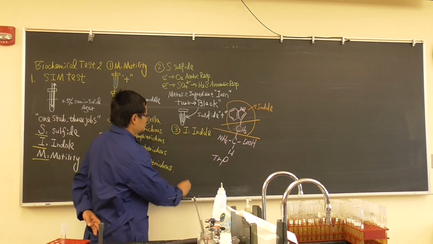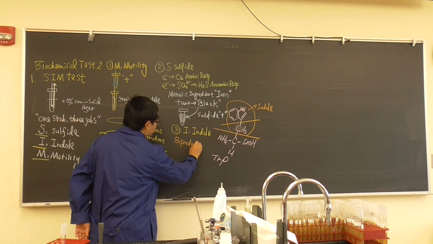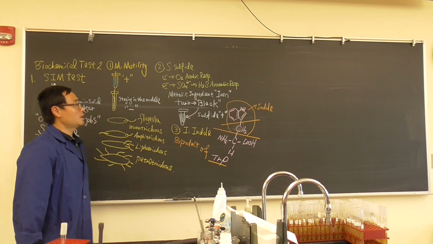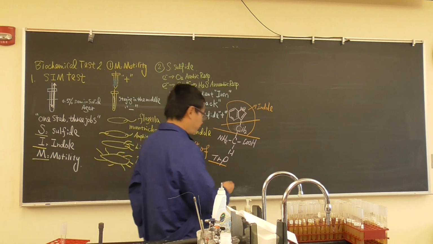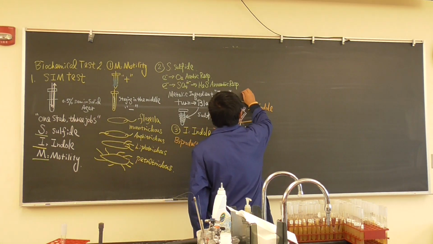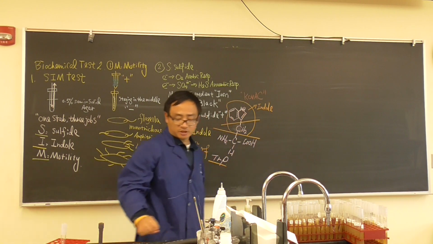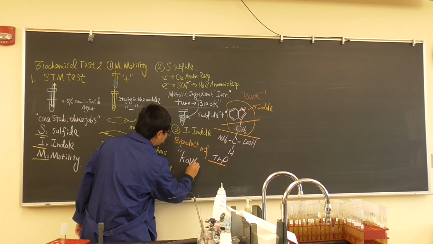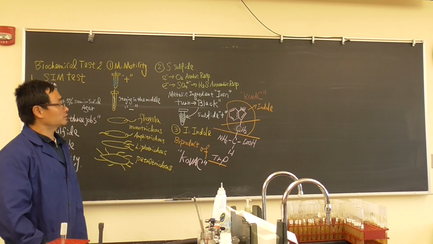So what is indole? A byproduct of tryptophan. Now, how do we know the bacteria generate indole? We need to add a very special reagent called Kovac's. A very special reagent called Kovac's. And after adding Kovac's, what's going to happen?